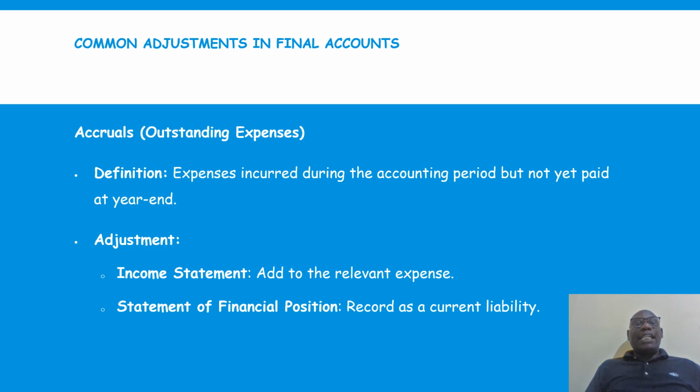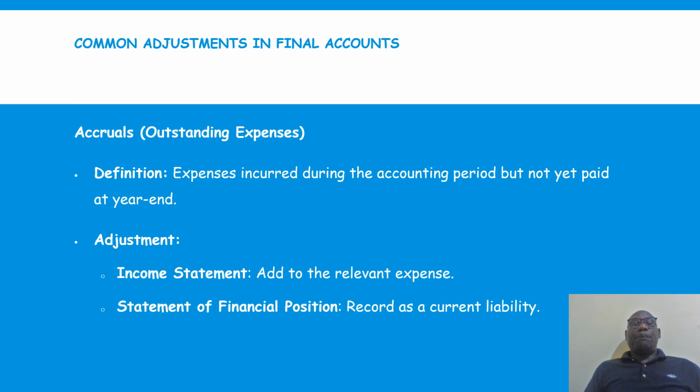So, adjustments to be made in relation to accruals is that we have to deal with it in one, the income statement, and secondly, we also have to deal with it in the statement of financial position. So, in the income statement, an expense which has accrued is supposed to be added to the relevant expense account.